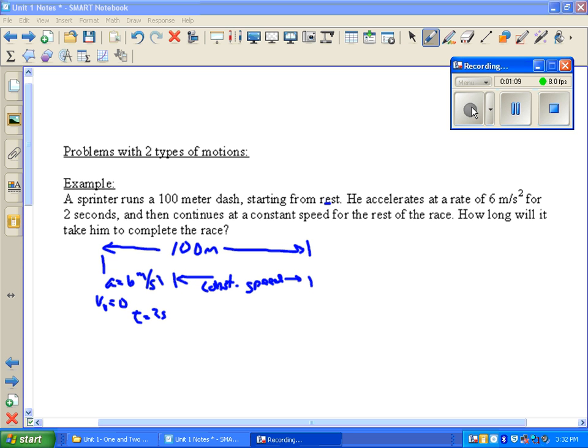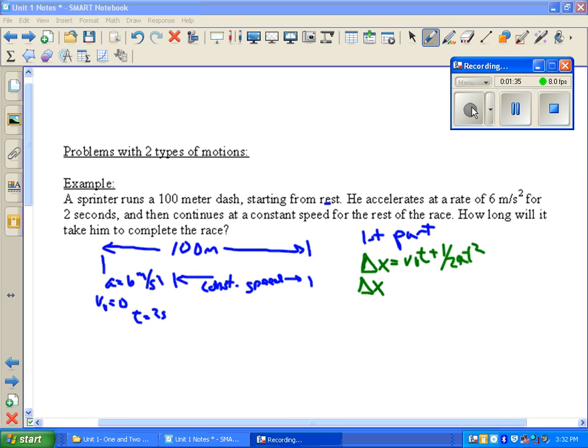So for the first part of the race, we don't know how far he goes or what his speed at the end is. So we can calculate each of those. Let's start out with how far he goes. So we'll use the delta x equation. Delta x is v0t plus 1/2 at squared.